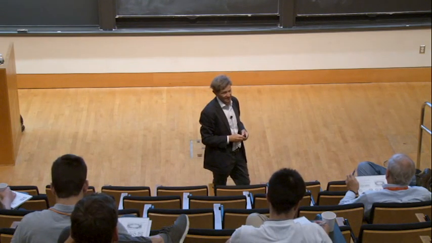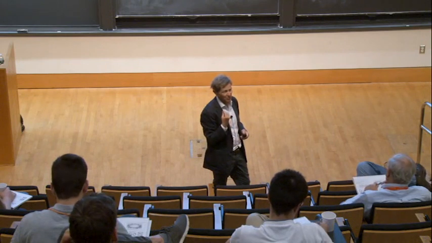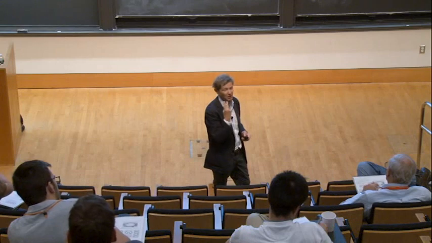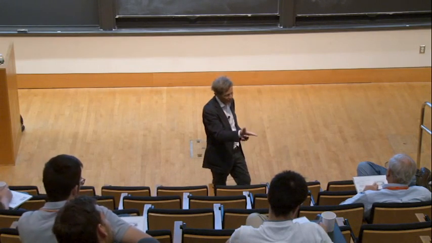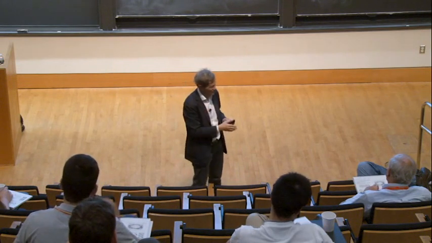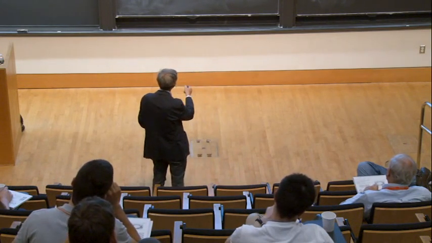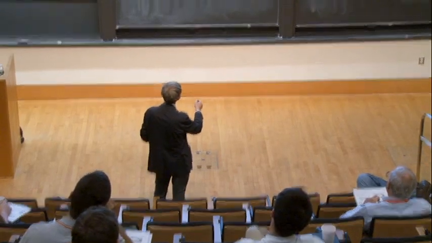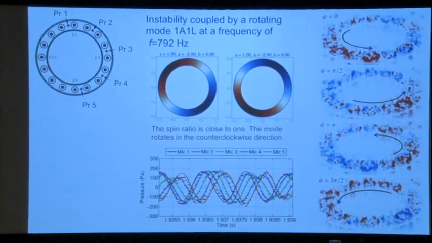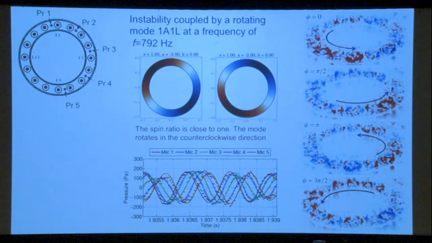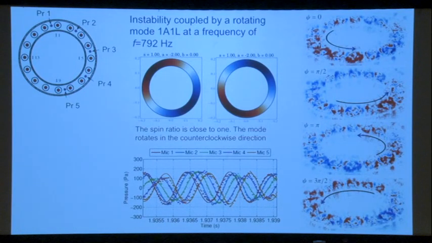The only way that you detect spinning from standing is using multiple microphones. A single microphone will just give you a frequency. But if you have many microphones, you can see that this is standing. Definitely when you look at that, standing. When you go here, this is spinning because you have this wave. The waves are moving by. The motion is like that, and so it is manifested in the pressure.